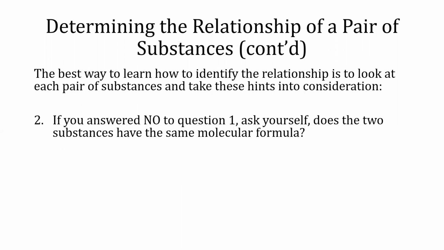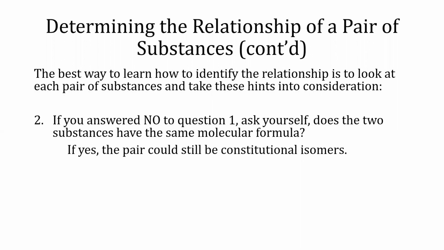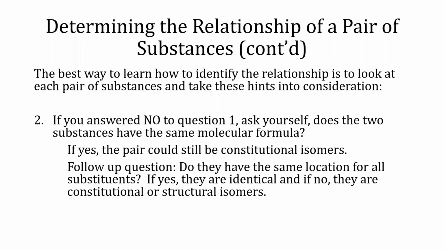If you answered no to question 1, ask yourself, do the two substances have the same molecular formula? If yes, the pair could still be constitutional isomers. Follow-up question, do they have the same location for all substituents? If yes, they are identical, and if no, they are constitutional or structural isomers. If no, the pair are not isomers.